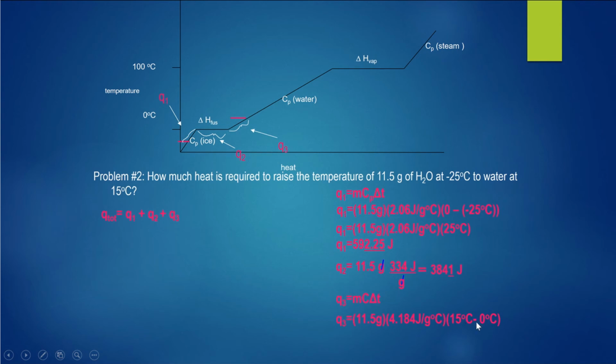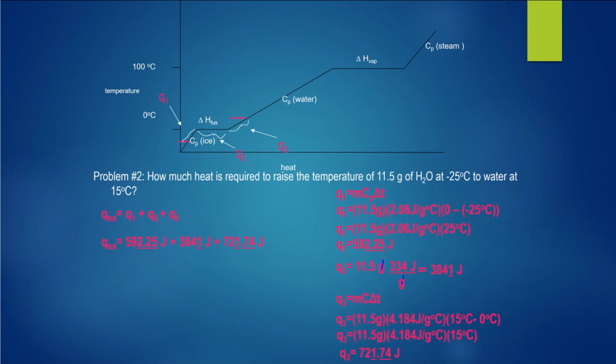And finally, our change in temperature, our final temperature, 15 degrees Celsius minus 0 degrees Celsius. We crunch our numbers, and we find it'll take 721.74 joules of energy to bring that liquid water up to 15 degrees Celsius.